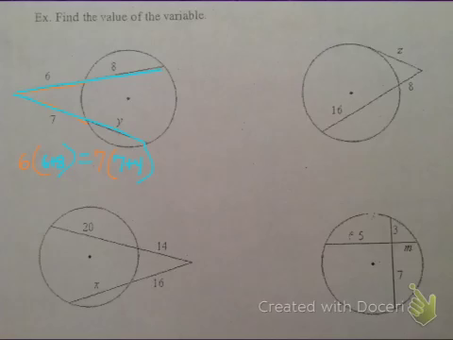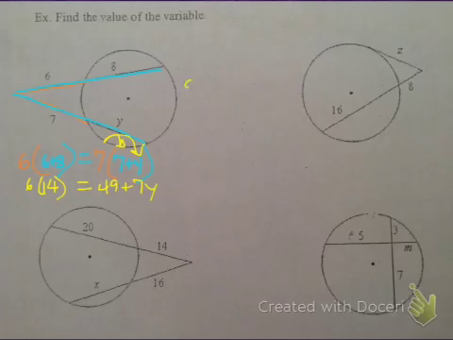Alright, so we want to solve for y. Let's go ahead and simplify the left side of that equation. 6 plus 8 is 14, so we've got 6 times 14. On the right side, I'm going to go ahead and distribute my 7. So I've got 7 times 7 is 49. 7 times y is 7y. Okay, 6 times 14 is 84.